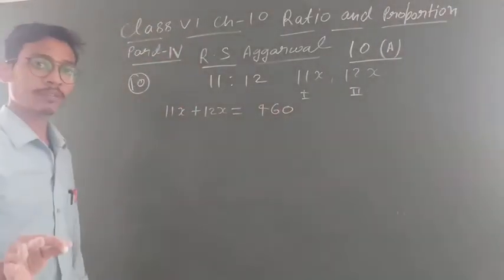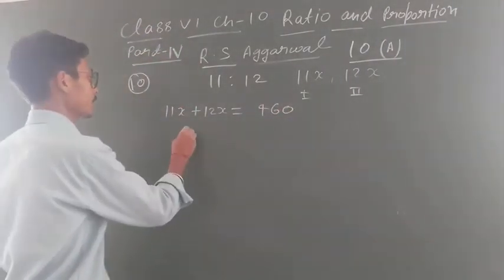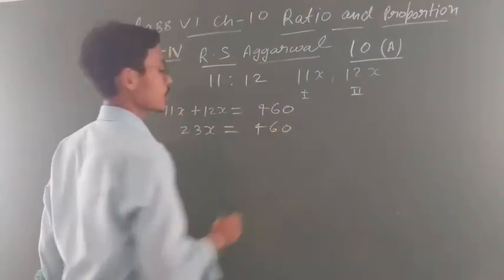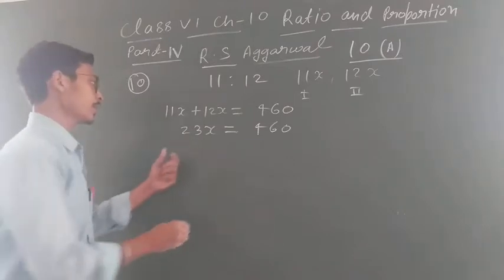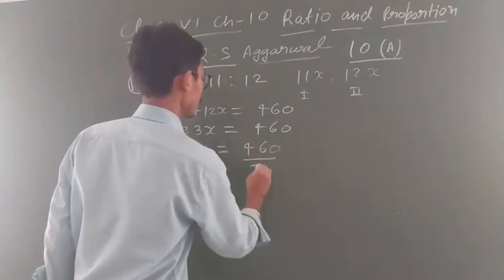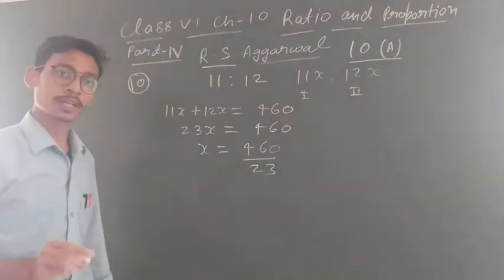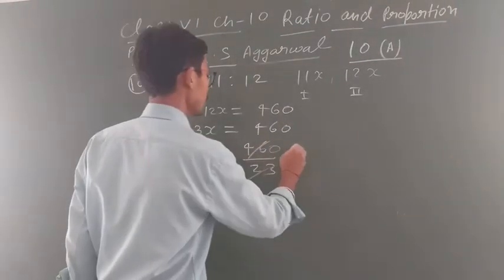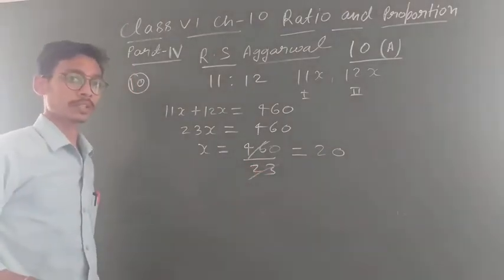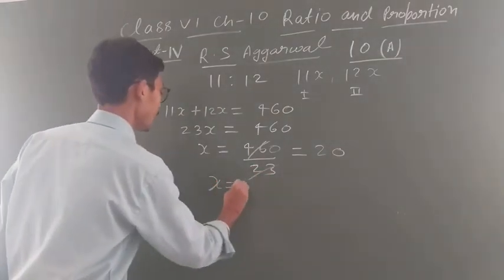Clear everyone? So look, 11x plus 12x will become 23x, equal to 460. Now x equals 460 upon 23. Clear? 23 times 20 is 460, so x equals 20. Okay? So this is the value of x.